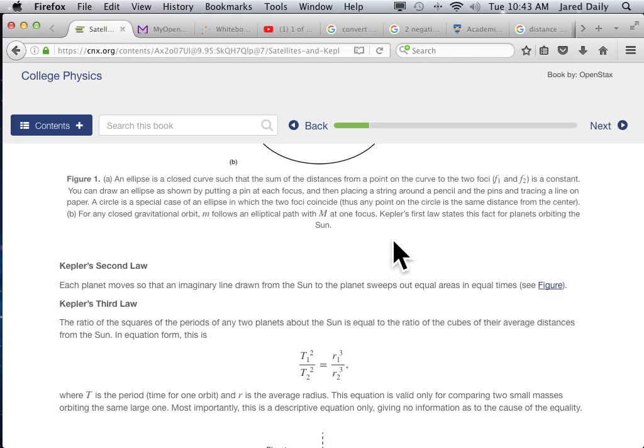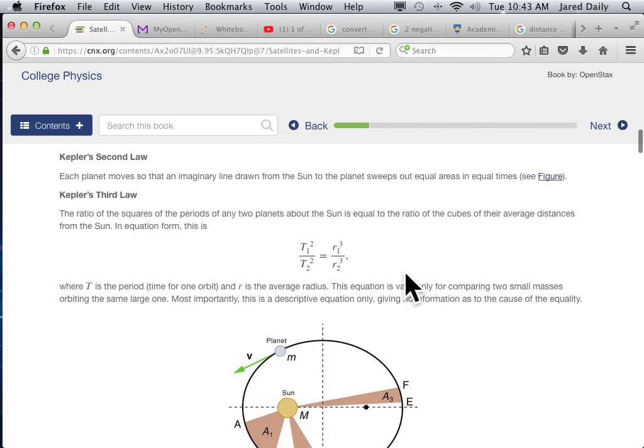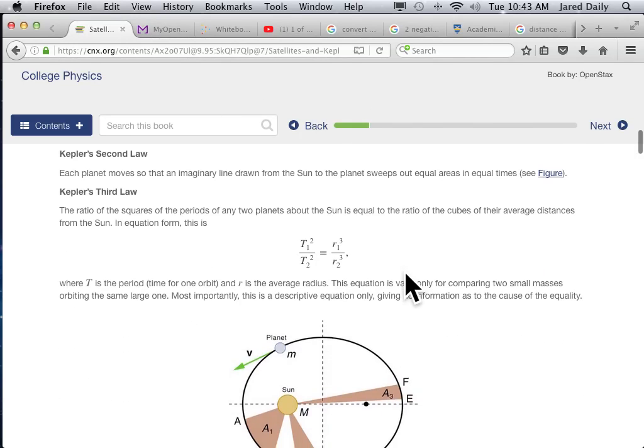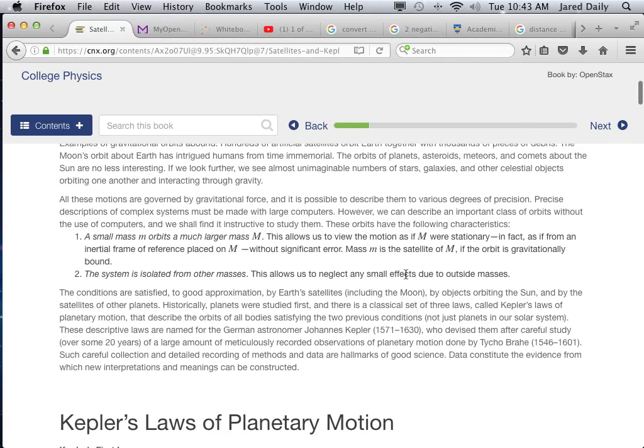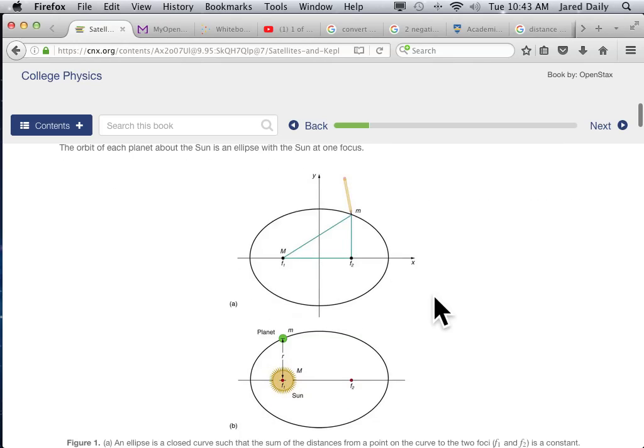laws. He was a little bit before Newton, actually. He came up with some laws about how things orbit around each other, satellites and planets and moons and things like this. And his first law was that everything moves in elliptical orbits. So everything's an ellipse, and a circle is just a particular type of ellipse.